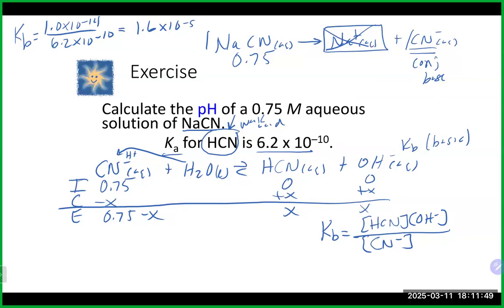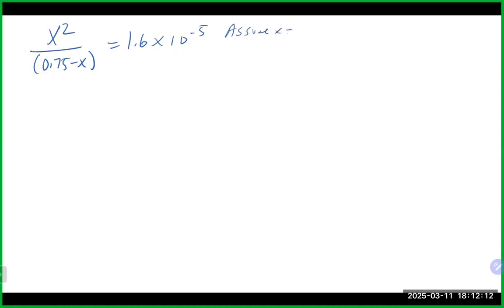All right, so now that we've got that, we can put our values in. Maybe I'll flip a page here so I can do it above. So we've got x squared divided by 0.75 minus x equals 1.6 times 10 to the minus 5. Once again, we're going to assume that x is equal to 0 in the denominator, which will basically get rid of that guy right there.